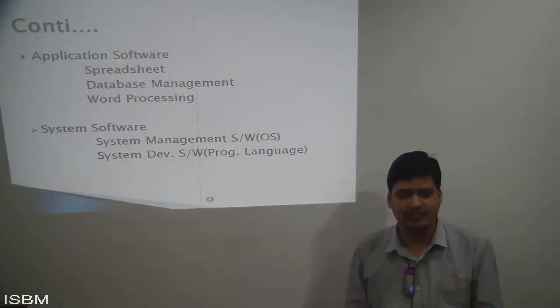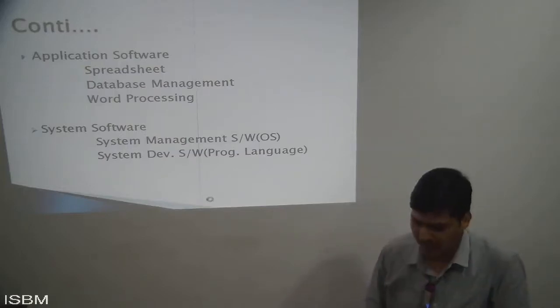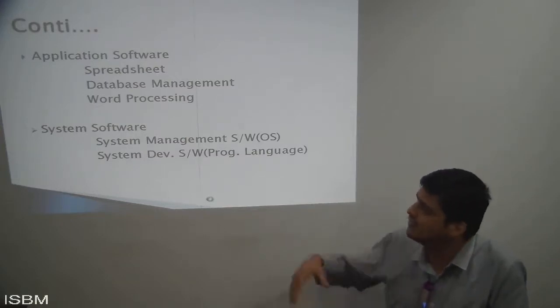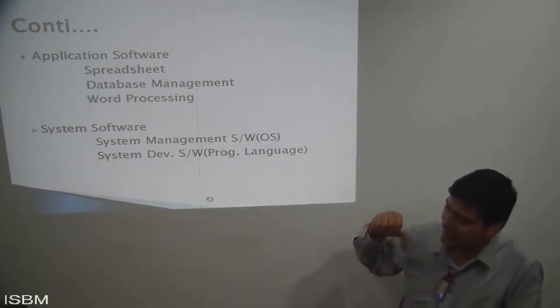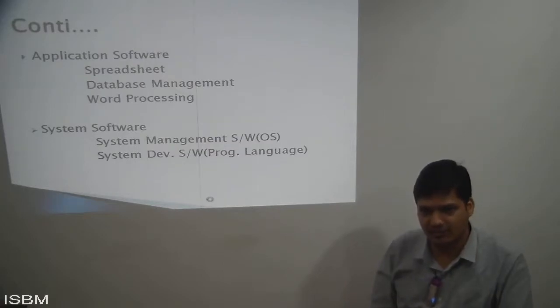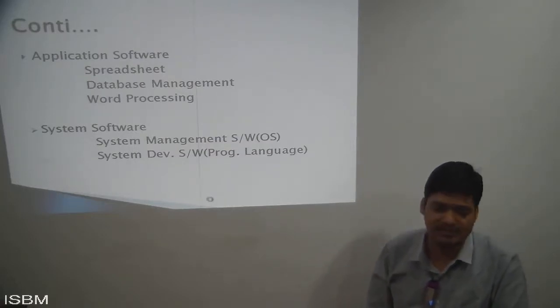They have Word, PowerPoint, each and everything. It's also customized software. If you want to learn more, there is a lot of application software. There are a few in the book, but I have given some more, like SCM, CRM, and other application software used for different purposes.